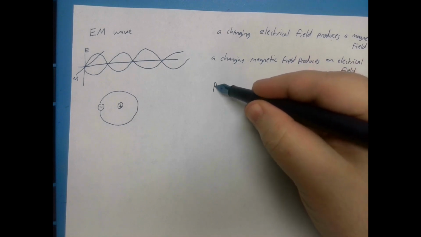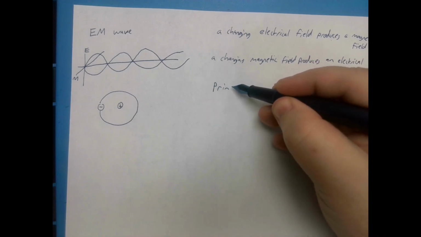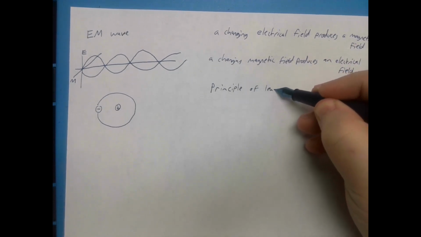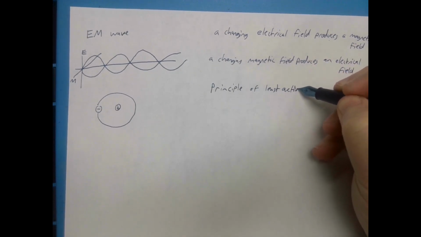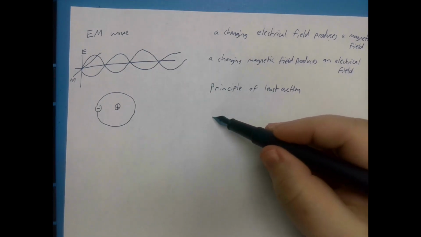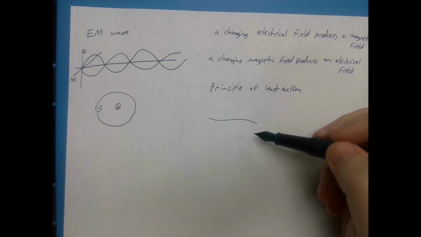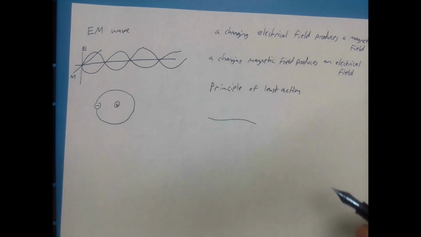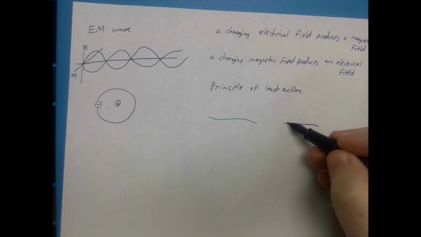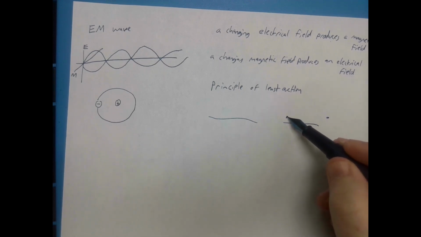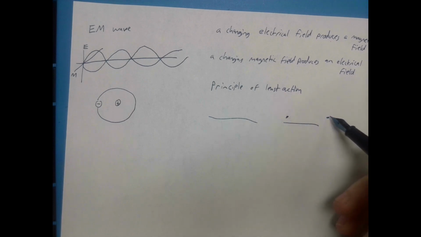So going back to Snell's law, it follows the principle of least action. Basically, light will take the shortest possible path to go from point A to point B, which minimizes time. If you throw a baseball up in the air, how does it go from point A to point B?